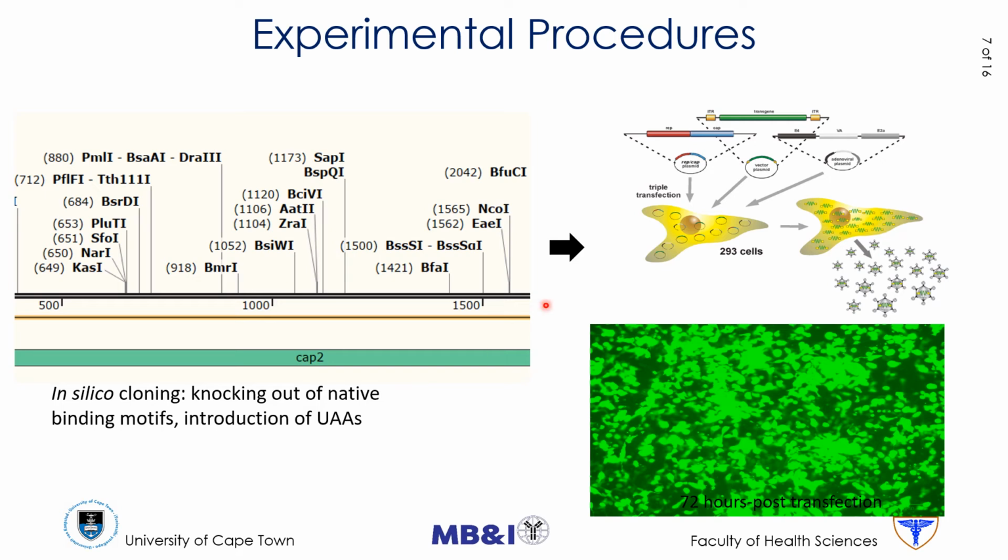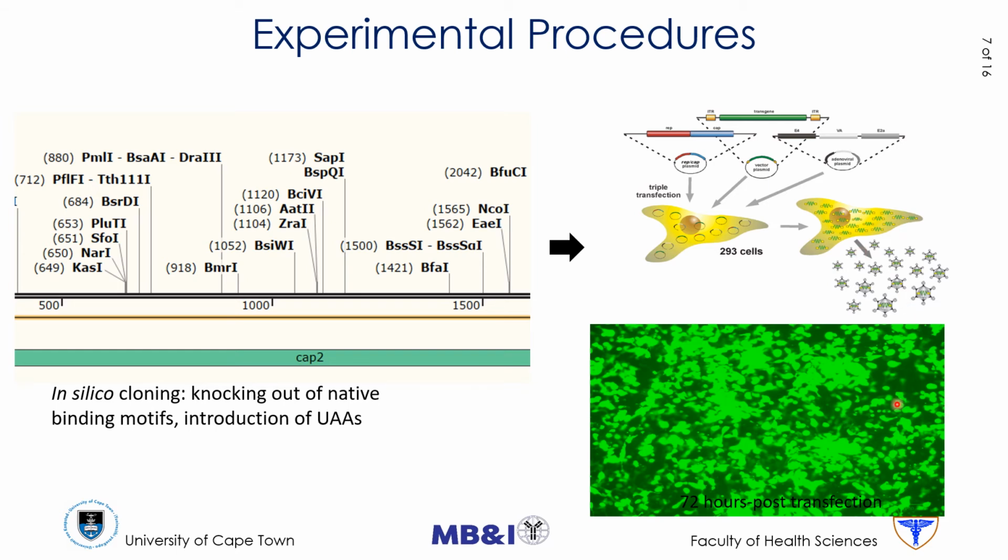I then went ahead to do the triple transfection in HEK cells, where the plasmid bearing the transgene, the capsid, and the adenovirus helper plasmid were transfected and followed up for about 5 days, with cell culture supernatant collected every 24 hours.